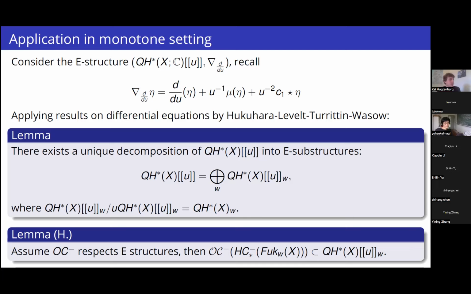Now I will go in a bit of a different direction. I've talked about a consequence of what the isomorphism of E structures means, and now I'll talk about splittings and see what interesting results we can obtain from them. Remember that a splitting was necessary to obtain enumerative invariants from an E structure.